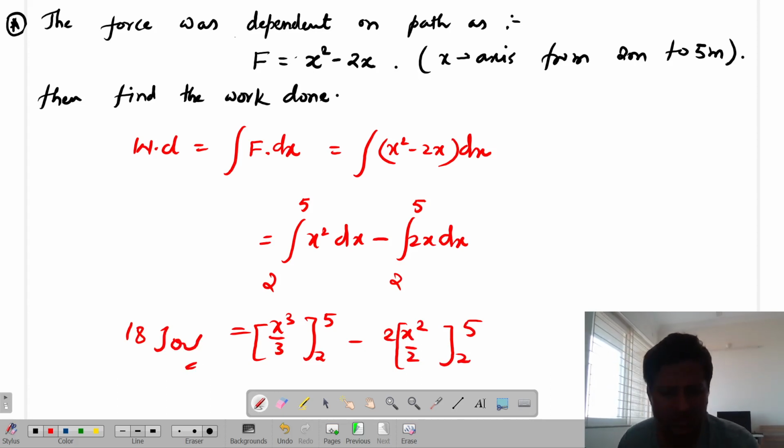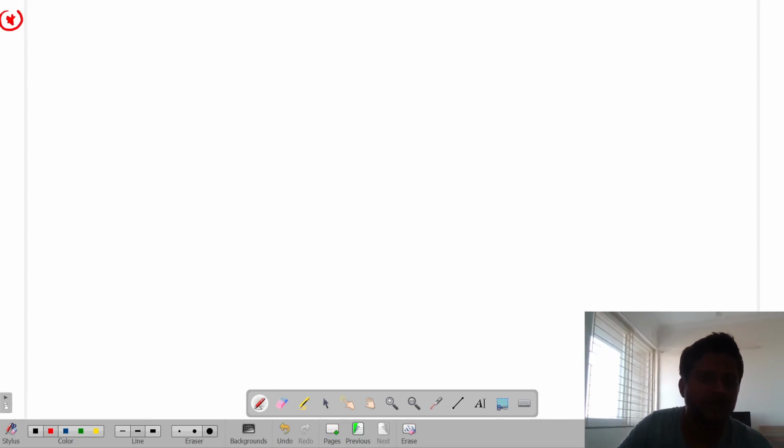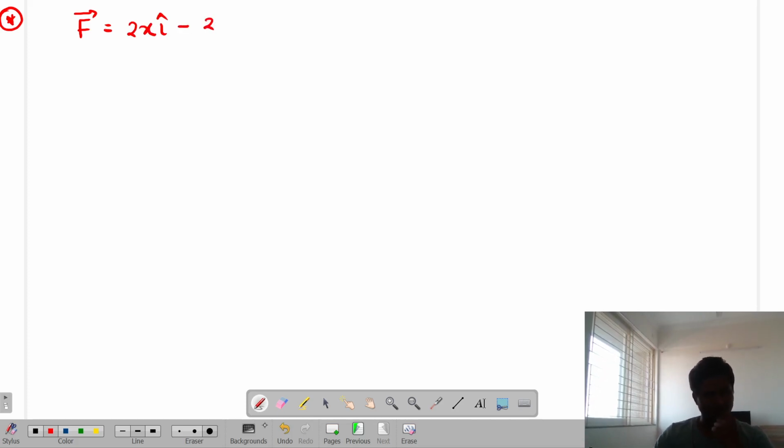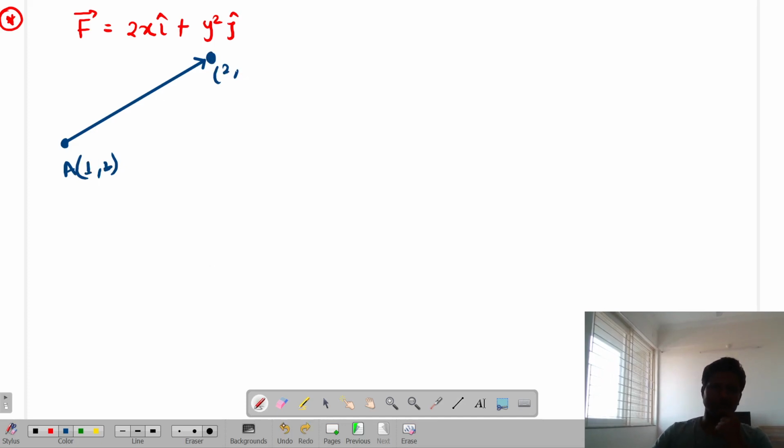Now let us bring another variation. Let's call F equal to 2x i cap plus y square j cap, and this force is taking the particle from point A to point B. Call point A as (1, 1) and point B as (3, 2).